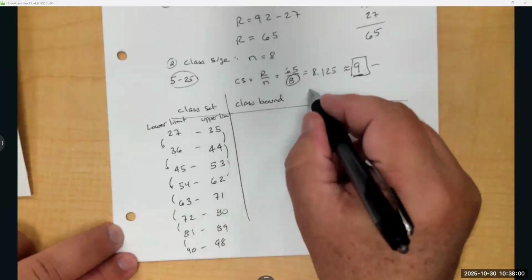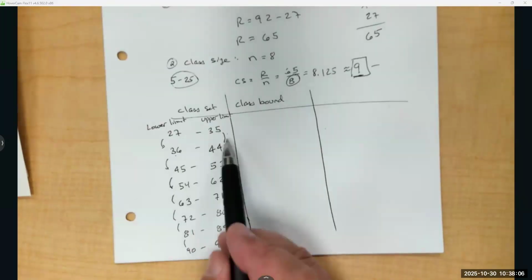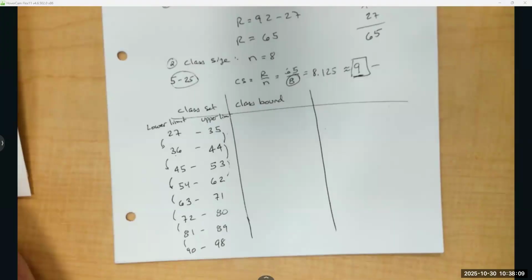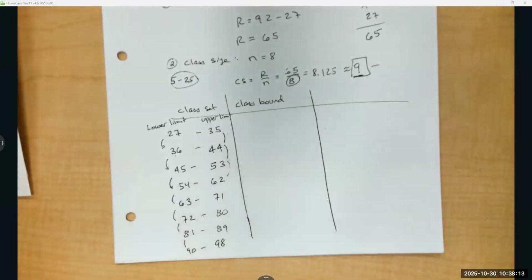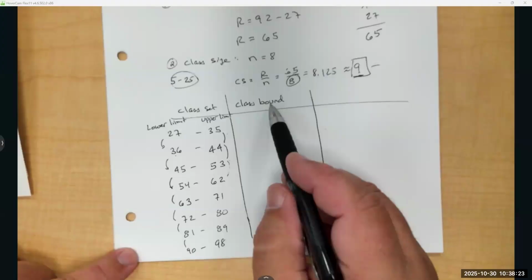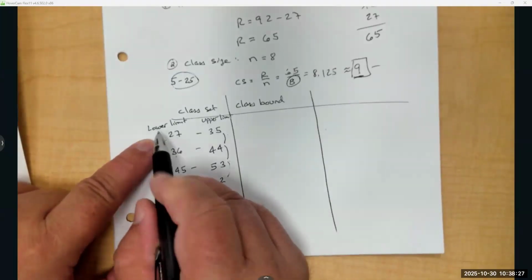Now the class bounds. Because what if we had a 35.3? Would that go to the first one or would it go to the second one? We don't know because it's in the middle. So what class bounds do is on the lower limits, it subtracts.